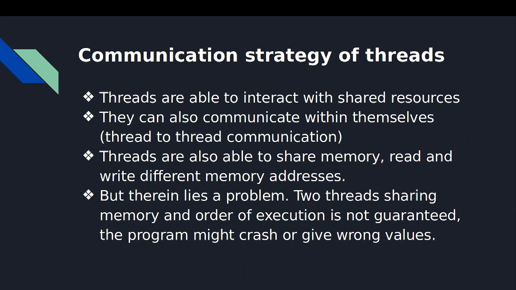If two threads are sharing memory and the order of execution is not guaranteed, the program might crash or give wrong values, because they could access that given value at the same time. Imagine they are accessing a bank balance and these two threads are running concurrently and they are withdrawing maybe the same amount, and because it is happening at the same time, there is a likelihood the program can behave in a way that we can't predict.